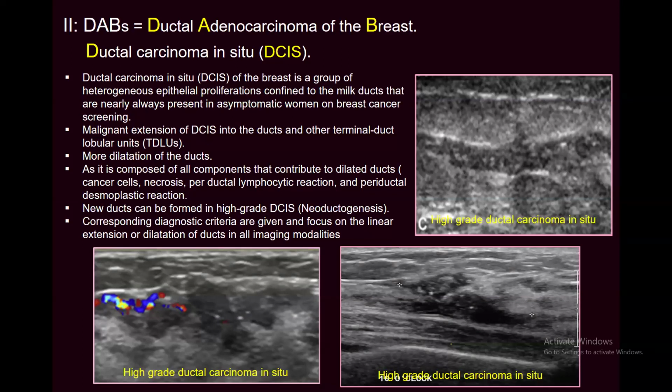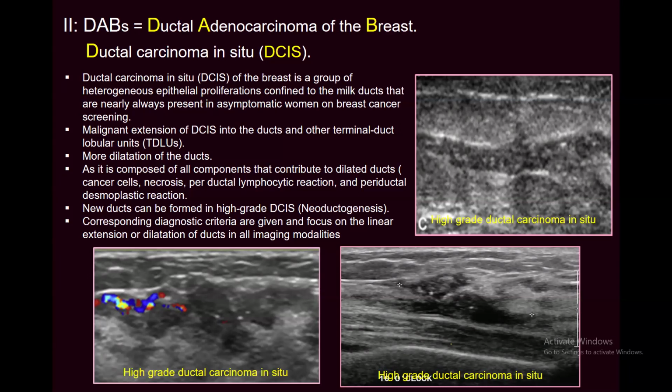It can extend within the ducts to other ducts, or extend into the terminal duct and the lobular unit. So a lesion can arise in a terminal duct and extend into the main duct, or the reverse, or start simultaneously in both.